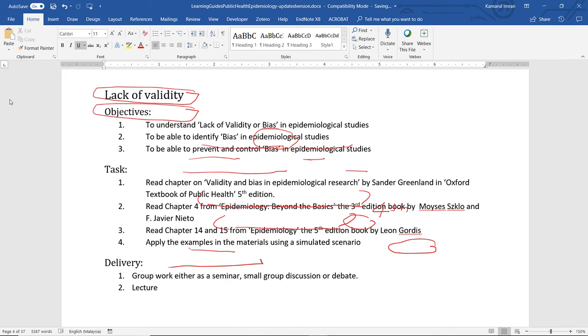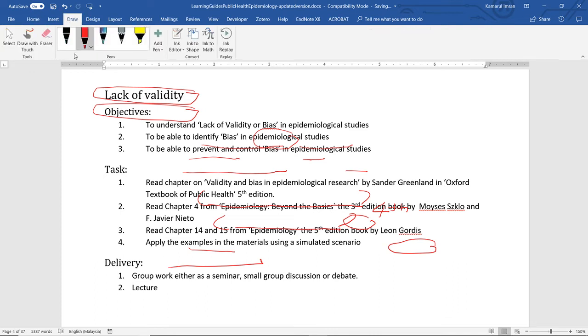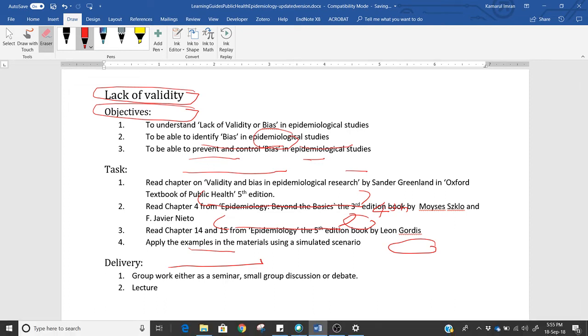Right, so I need to erase this. One second.